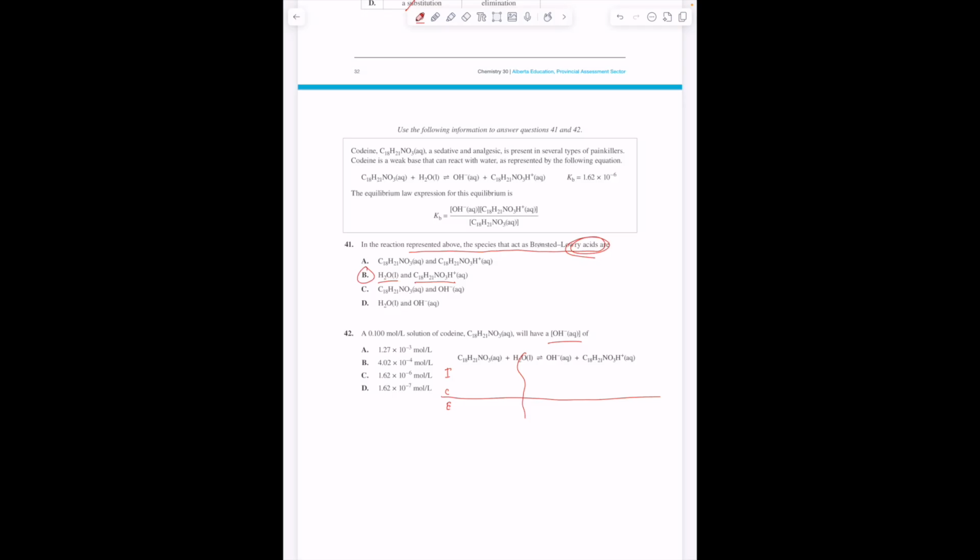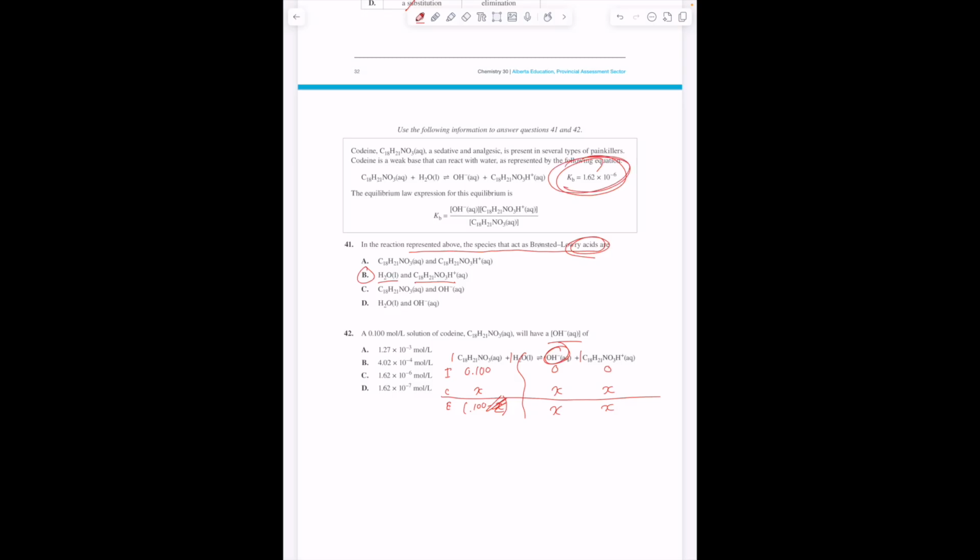So this is a 0.100 moles per liter solution. These are zeros. They didn't give me anything else other than the KB. KB matches OH negative. Let X equal the change. All of these are 1 to 1. So it's X's everywhere. This is 0.100 minus X. In our course, we can ignore minus X.